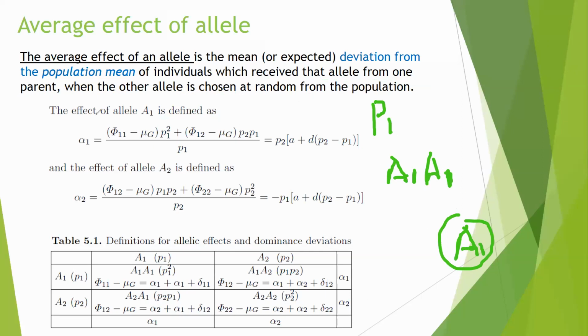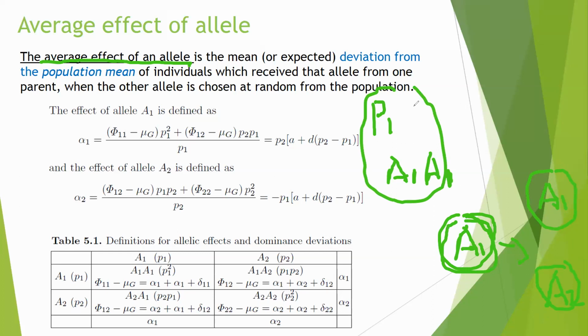This is why we want to calculate the average effect of an allele, because this gamete will come together with any gamete randomly chosen from the population. Here we just talk about a biallelic population. So for this locus, we only consider two alleles, A1 and A2.